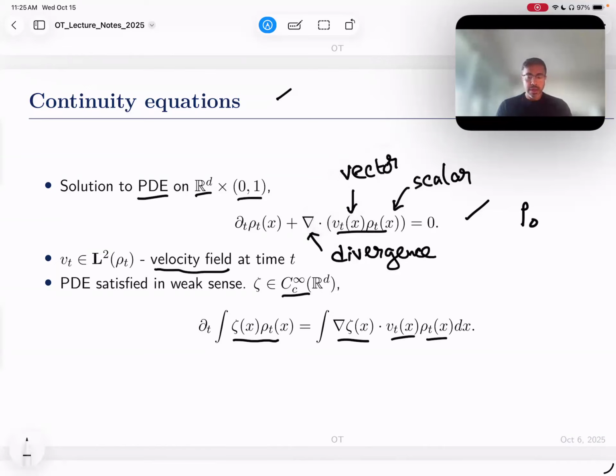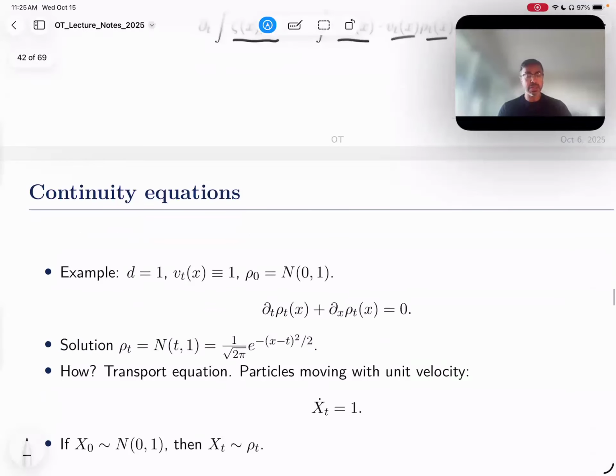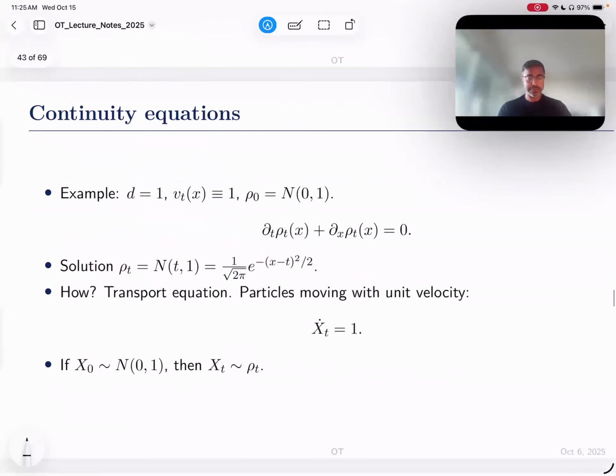All right, okay. So this is my definition of continuity equation. Let's see some more examples. Let's take dimension d equals 1. Take a constant velocity field: my V t of x, at any time t and any space point x, is just 1. Now, I would take my initial distribution to be the standard normal, 0, 1.